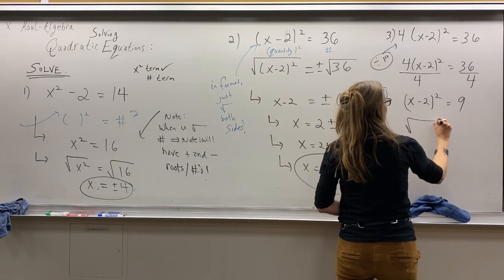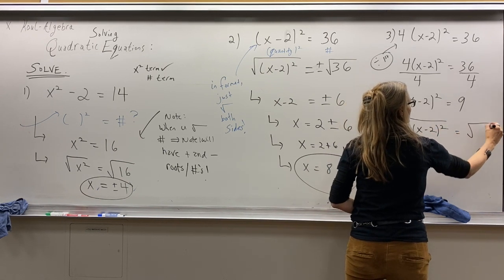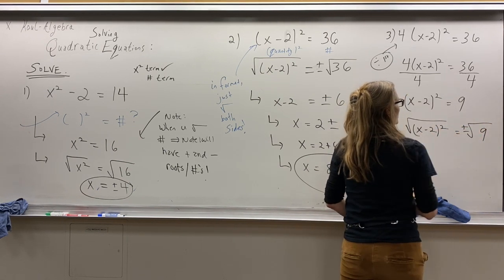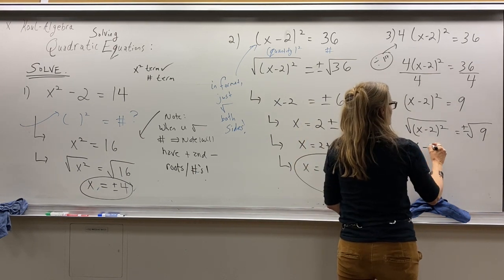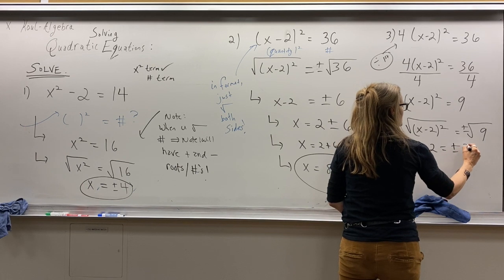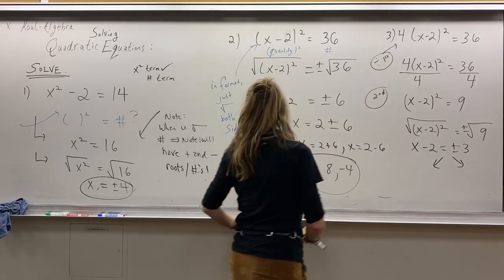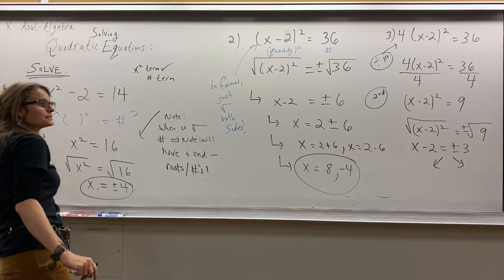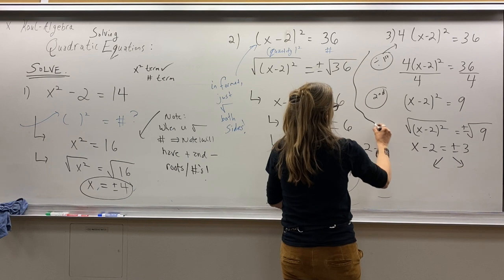I take the square root of this side, and then the square root of this side, which is going to be a plus or minus root, and I end up with x minus 2 equals plus or minus 3. So again, this is my little way of dealing with these two different solutions. I'm going to end up with 2 different solutions here.